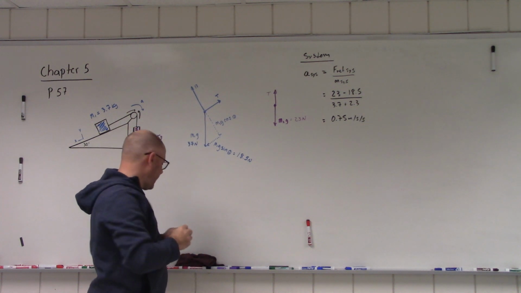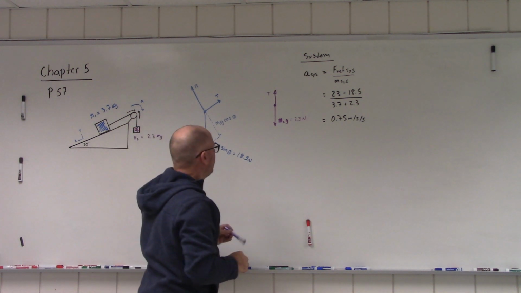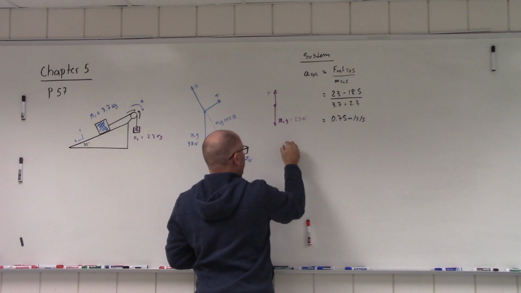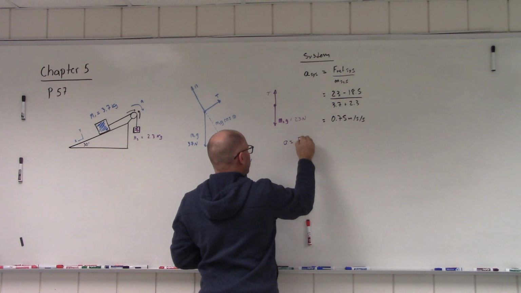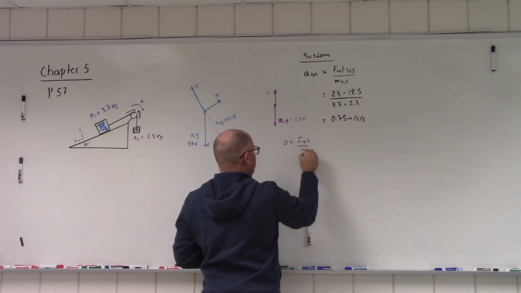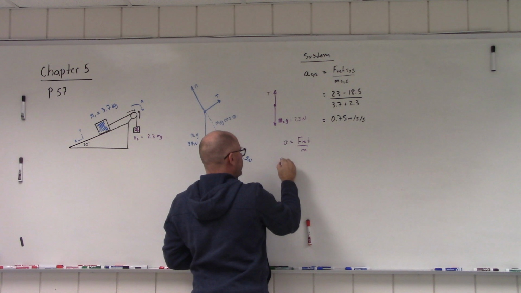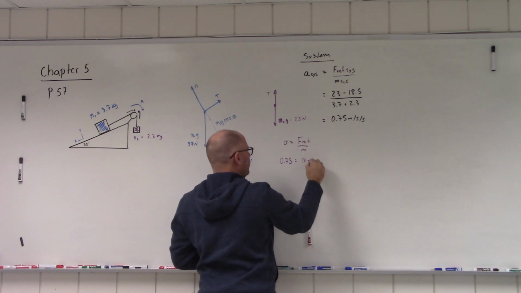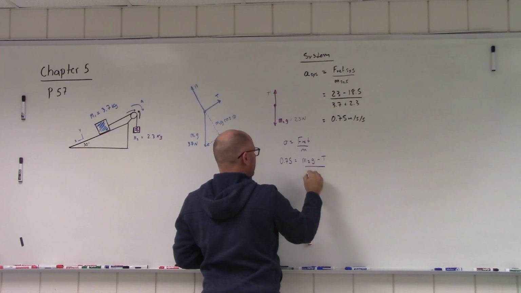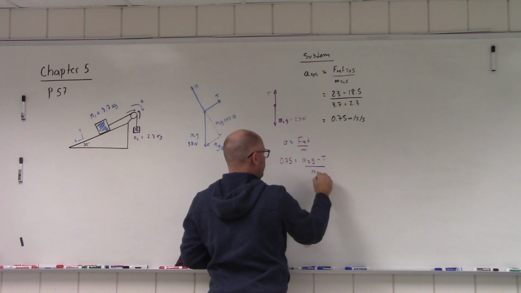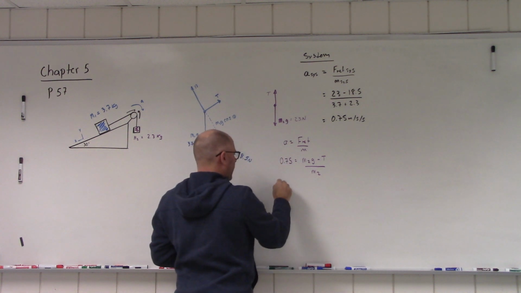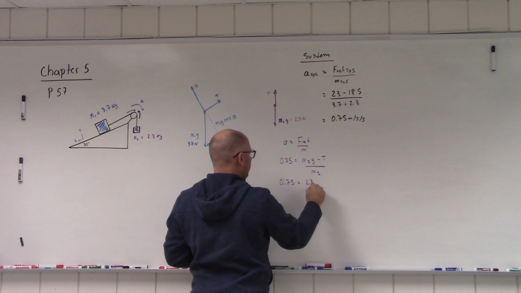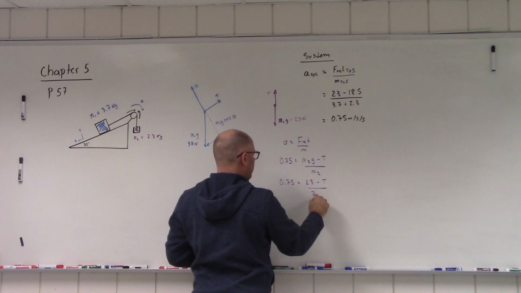All right, let's use that same thing we did before. If I want to do this guy, I know that the acceleration is equal to the net force over the mass. So if the acceleration is 0.75, the net force here is going to be m2g minus T, all over m2. This mg is 23 minus the tension, over 2.3.